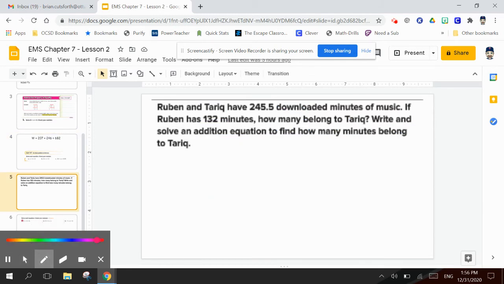So Ruben and Tariq have 245.5 downloaded minutes of music. If Ruben has 132 minutes, how many belong to Tariq? So here we're going to write and solve an addition equation to find how many minutes belong to Tariq.